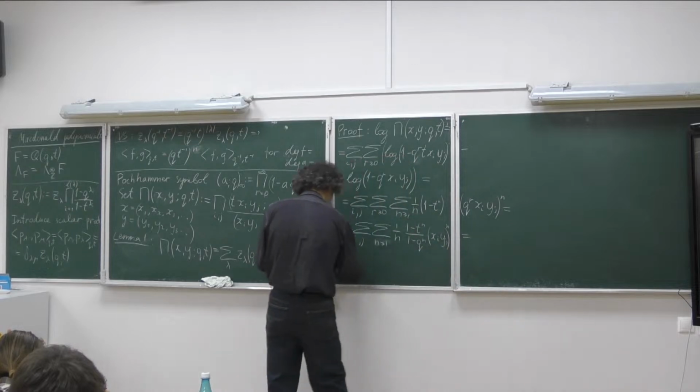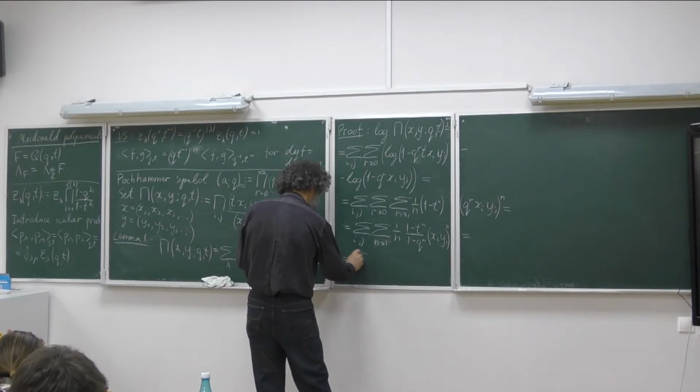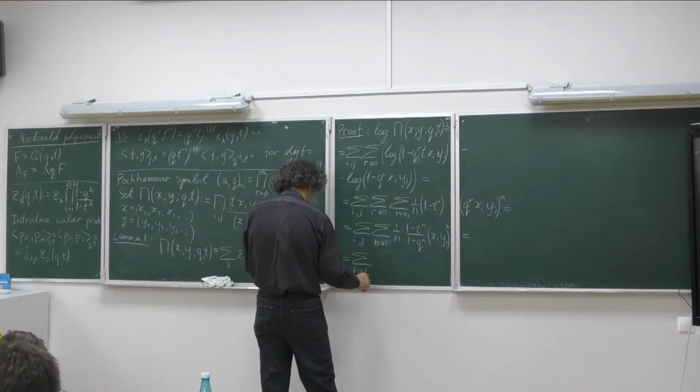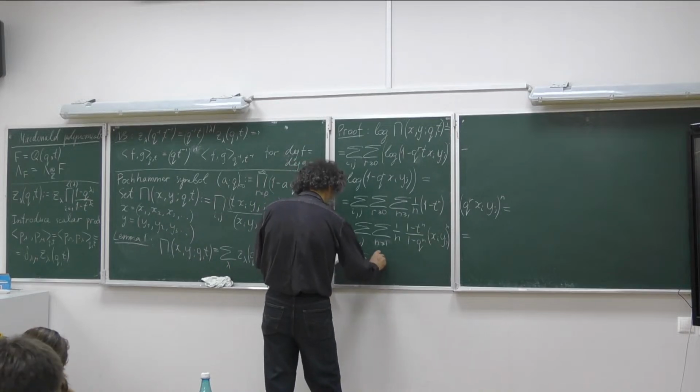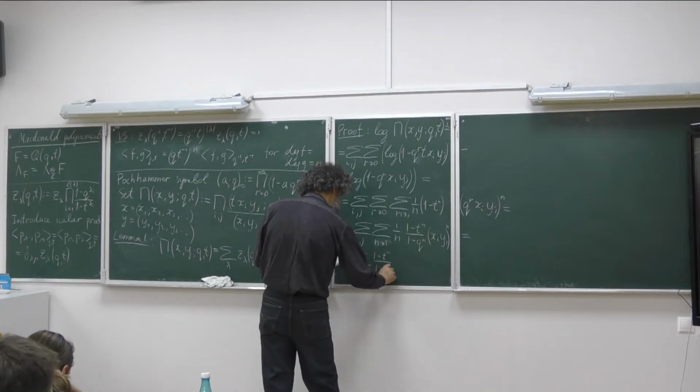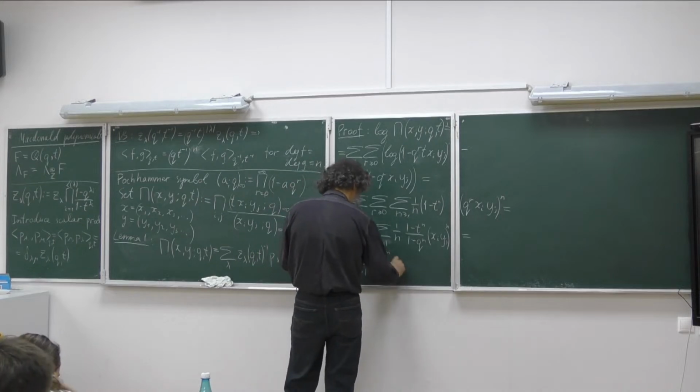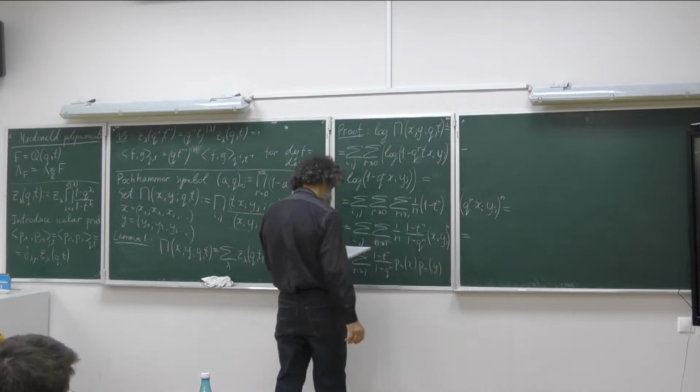And this is the sum over n bigger than or equal to 1 of 1 minus t to the n over 1 minus q to the n, p_n of x, p_n of y.